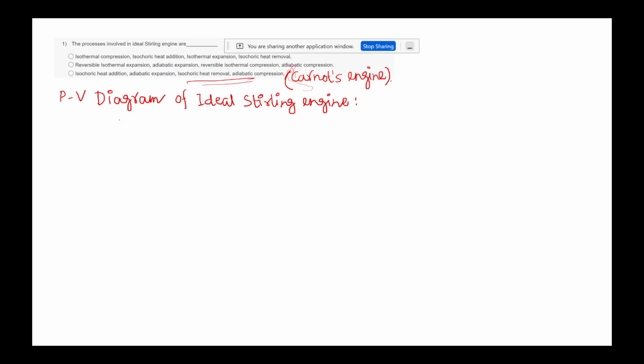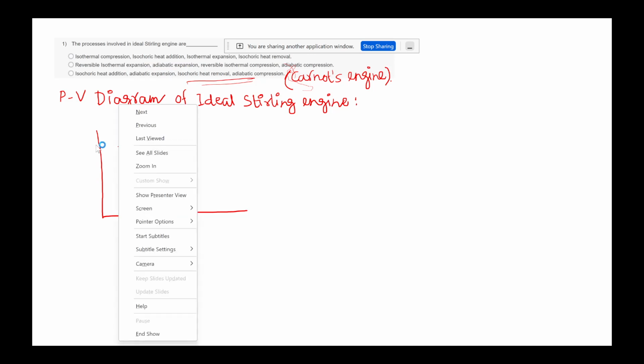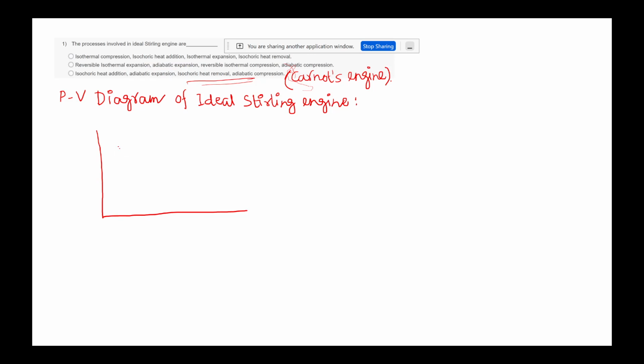Okay, so the PV diagram looks like this.